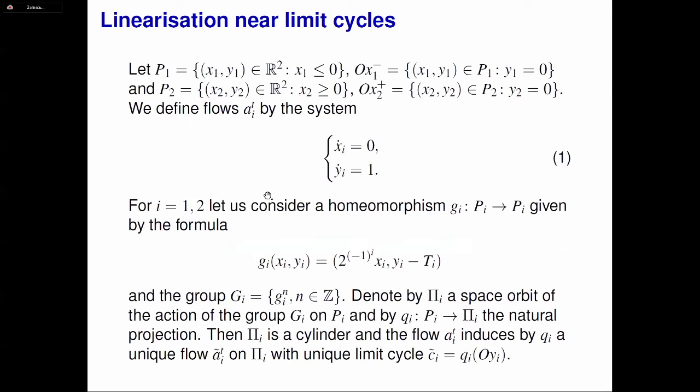Then consider a homeomorphism g_i and the group of its action, and denote by phi_i the space of orbits of the action of such a group.